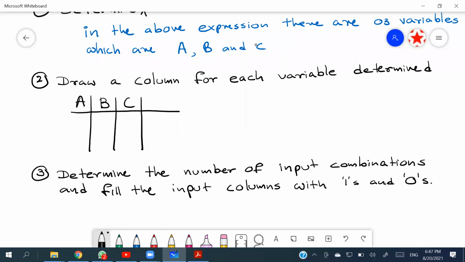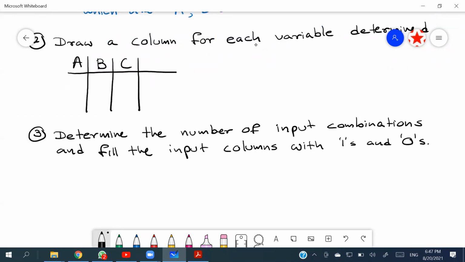A, B, C are the input columns. We are going to fill the combinations for A, B, C with ones and zeros, like we did in the introduction part of the gates. It says determine the number of input combinations, then fill the input columns with ones and zeros.